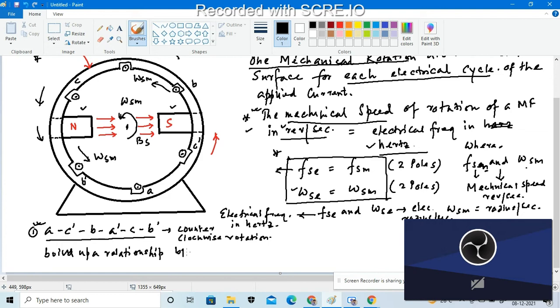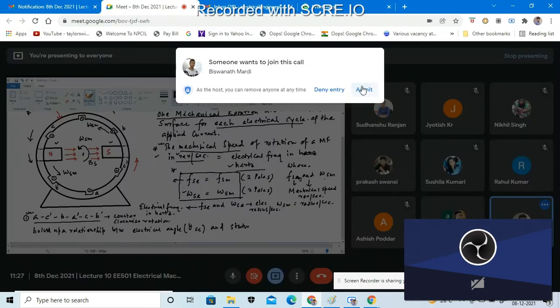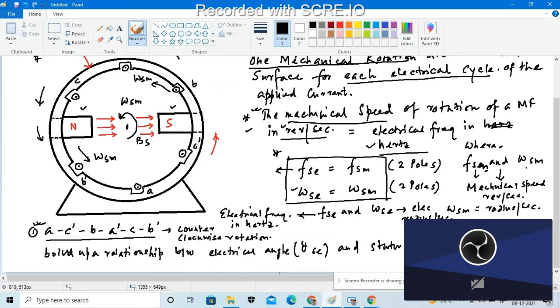between the electrical angle, which will be considered as theta of AC, and the stator mechanical angle, which will be considered as theta of SM.